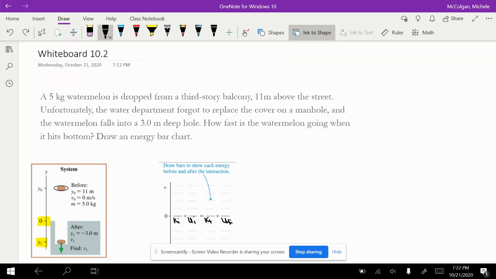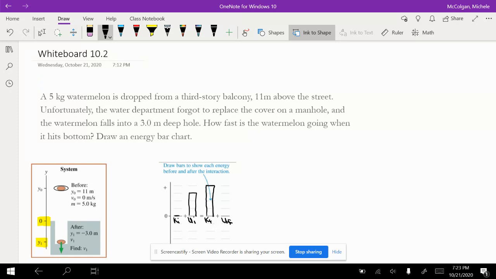So I'm going to start with 3 bars. And then my kinetic energy is 0. And then when I finish, I'm going to have, let's say, 4 bars of kinetic energy. But I'm going to have a -1 bar.